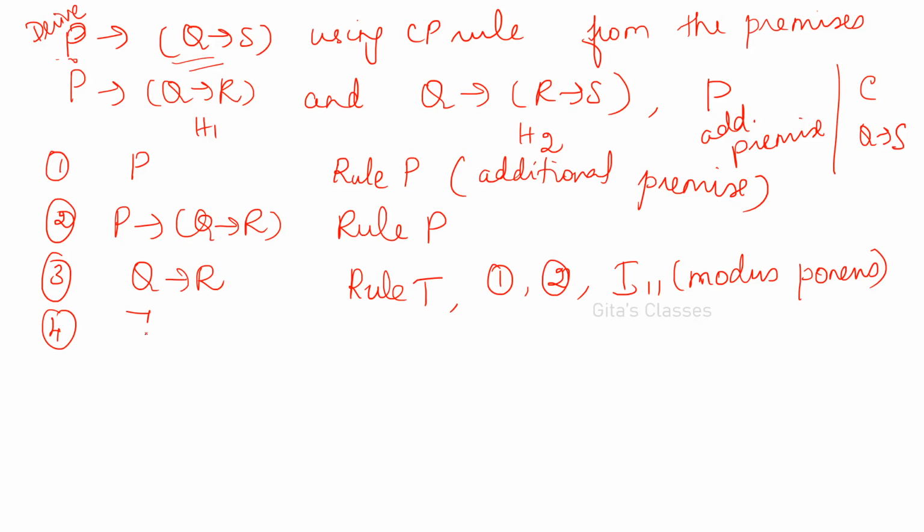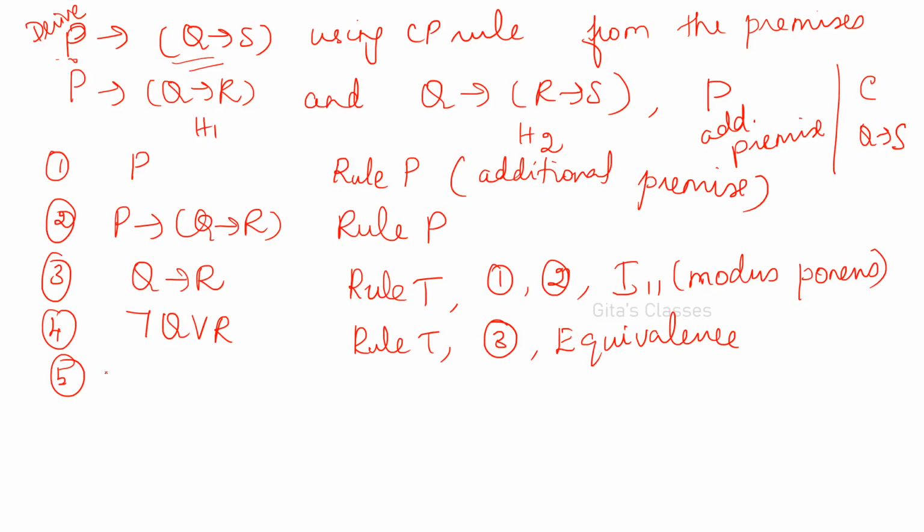Then 4. Now Q conditional R can be written as not Q or R, right? This is equivalence. Okay. So I am using a formula, a rule T in step 3, equivalence. Okay.